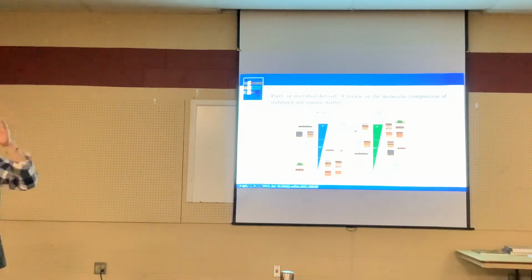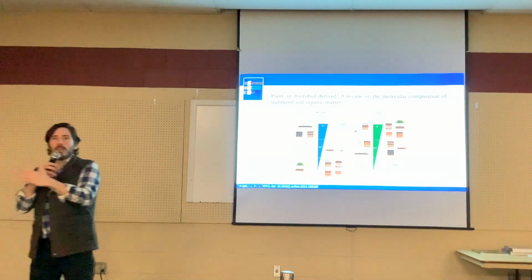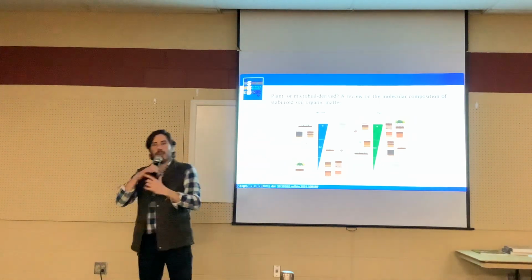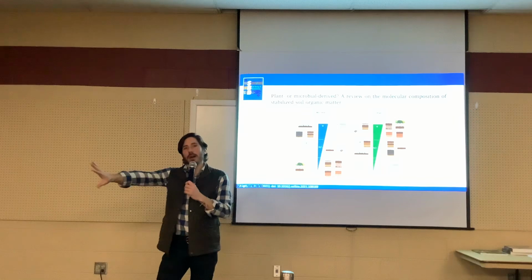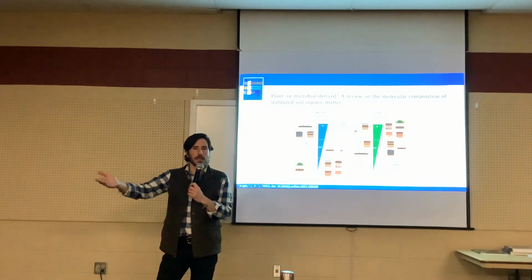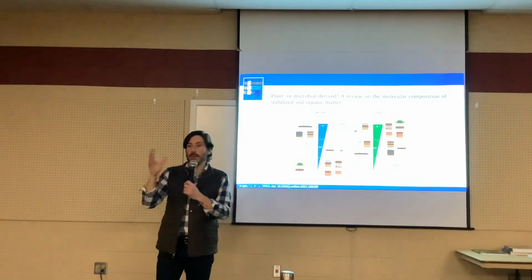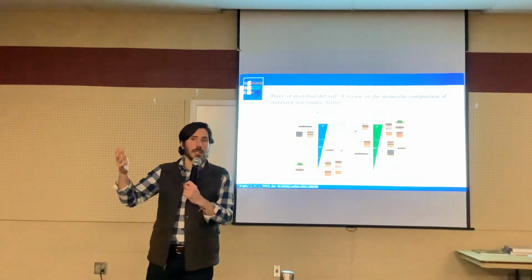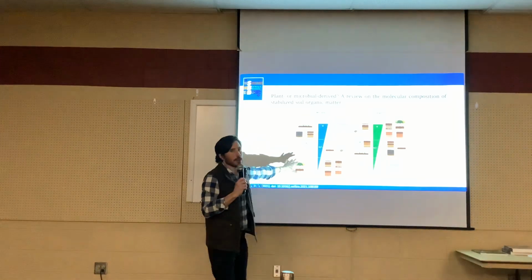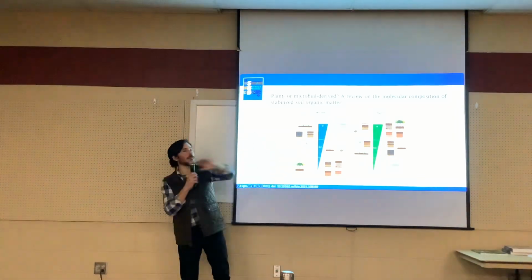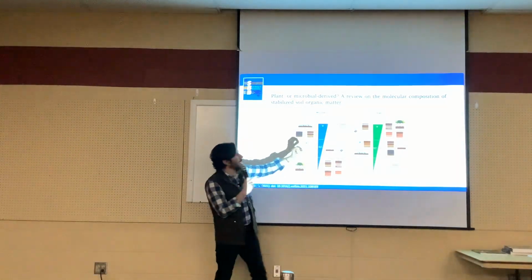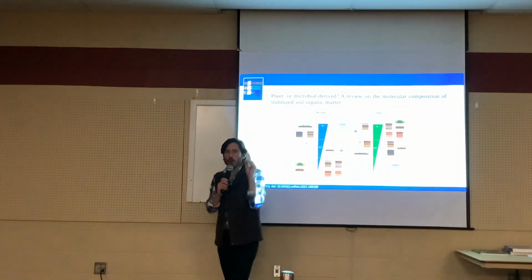So once we get carbon from plants into microbes, then we can stabilize that carbon through these dead microbial bodies, this necromass. And it turns out that necromass makes up around 50-odd percent of soil organic matter. Originally plant origin, yes, but about 50-odd percent is microbial origin and about 50-odd percent plant origin.